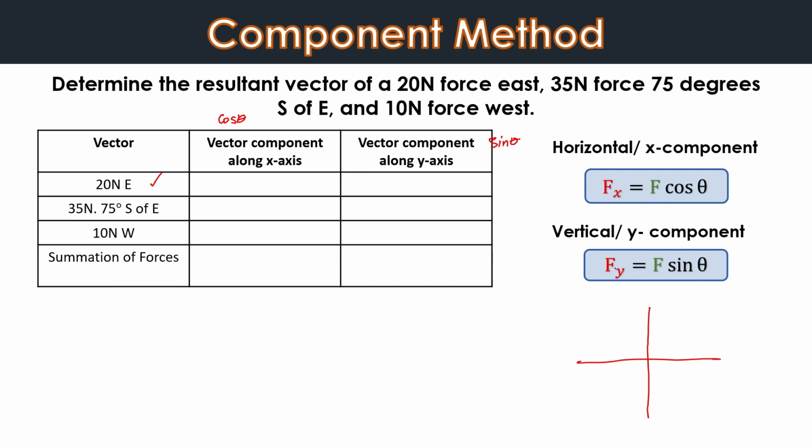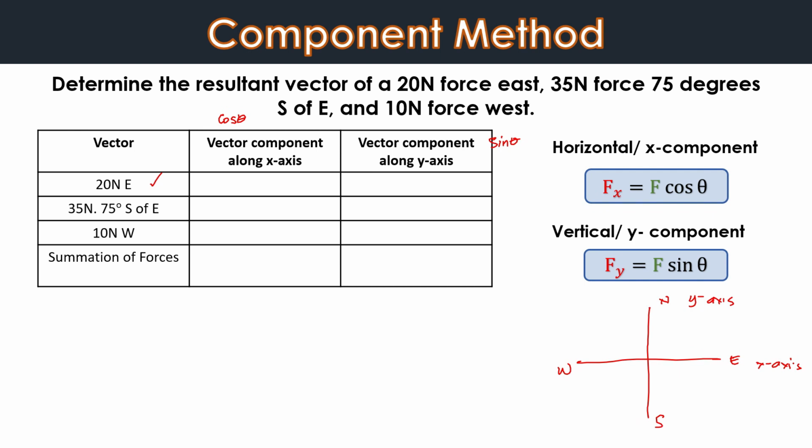Yung north, south, along the y-axis, at saka yung east and west along the x-axis. Na kung saan magagamit naman natin ito sa pag-identify nung sign na meron sa vectors, and at the same time yung final direction din natin later sa ating resultant vector. Now sige, isa-isahin muna natin.